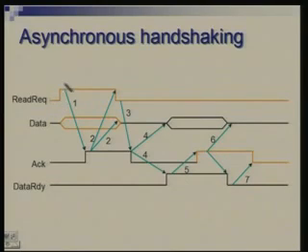In response to this change of read request from 0 to 1, memory would send an acknowledgement that yes, it has seen the read request. Now, in asynchronous transaction, all that we want is that this acknowledgement should come in response to read request.